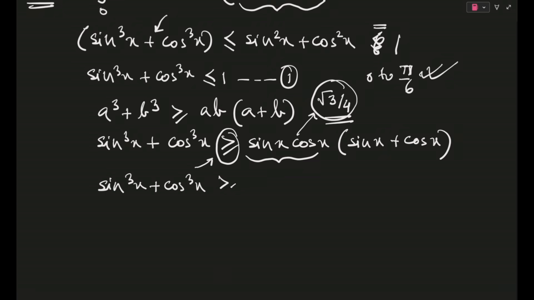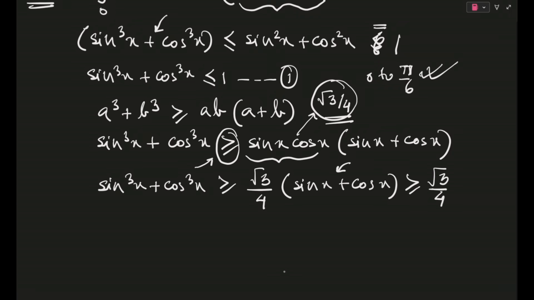sine cube x plus cos cube x comes out to be greater than or equal to root 3 by 4 times (sin x plus cos x). Now if I want to be a little bit more precise, if I want to make the bounds tighter, then I can write this expression to be greater than or equal to root 3 by 4 itself. Because sin x plus cos x, if we evaluate this, is 1 by root 2 sine of (pi by 4 plus x). So in greater than or equal to cases, it will be root 3 by 4 into some fraction, and that fraction is less than 1.